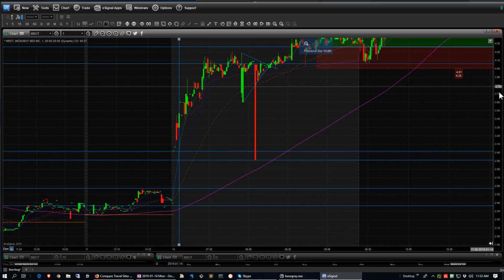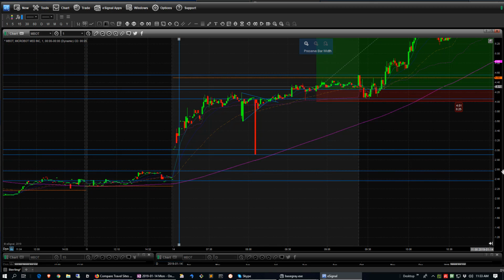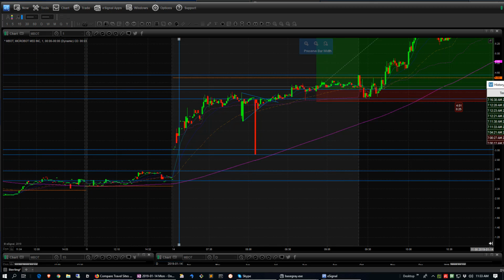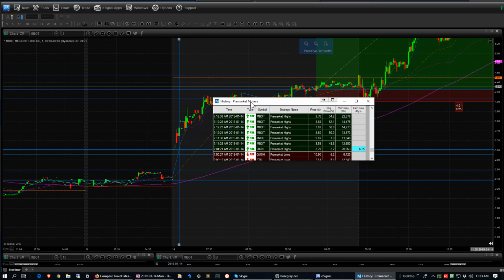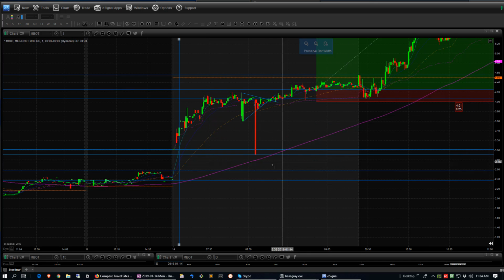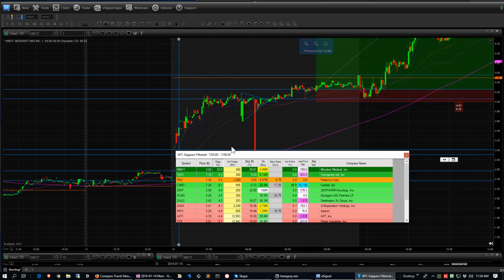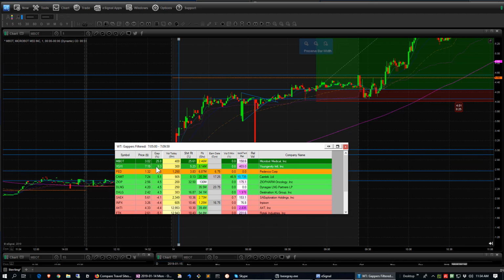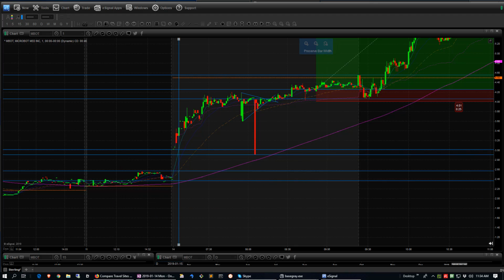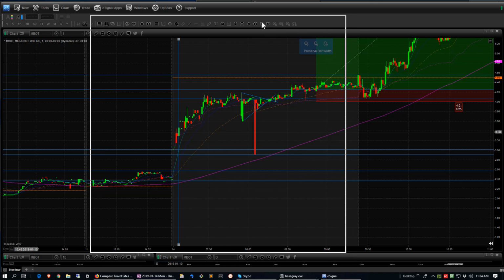So at this point, it appeared on the pre-market movers scanner. Okay, and then the gapper scanner. Let's see. This one doesn't have the date as it appeared.